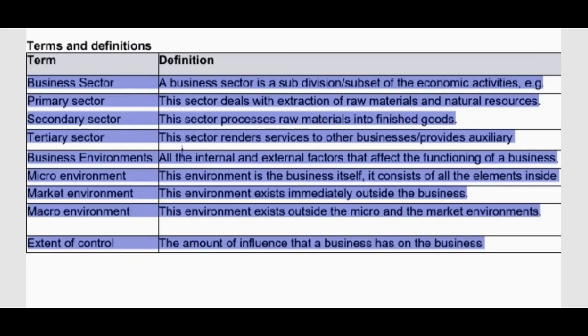Look at your screen for the other definitions. Primary sector: this sector deals with extraction of raw materials and natural resources. It deals with something that is going to be produced.